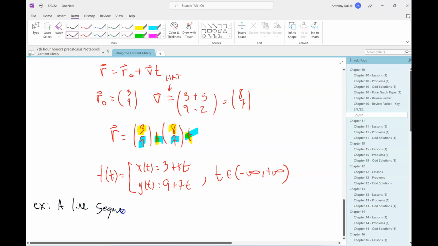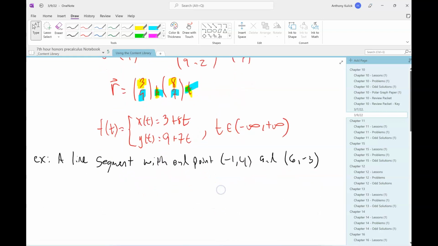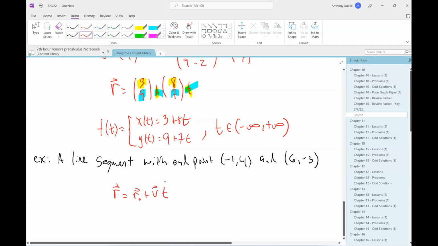The type of problem where it does present a nice savings is if we're talking about, instead of a line, a line segment. So again, you could find the slope-intercept equation for the line and use that to create your parameterization.